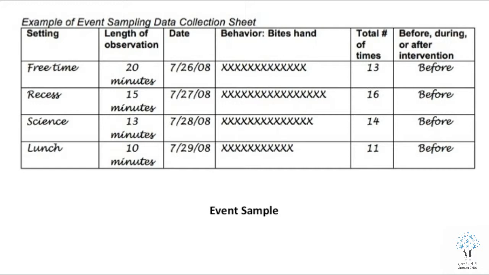So she noticed that in the free time, which was about 20 minutes on that particular day, the child was biting the hand a total of almost 113 times. Wow, that's a lot, right? So that would be one example of how to use event sampling.